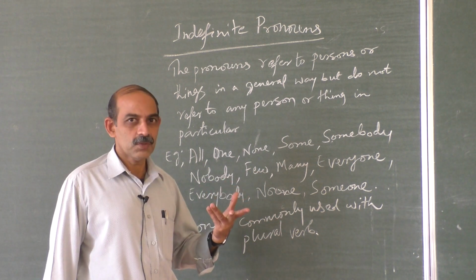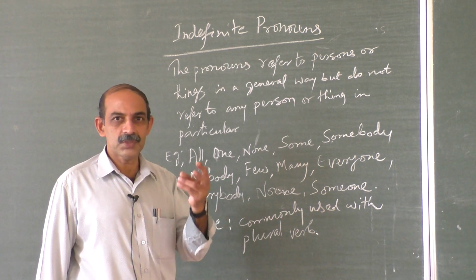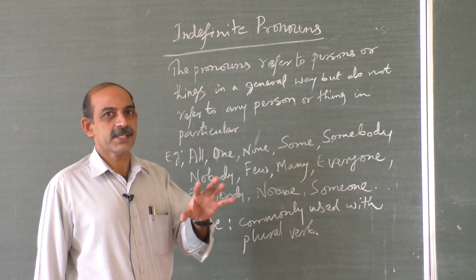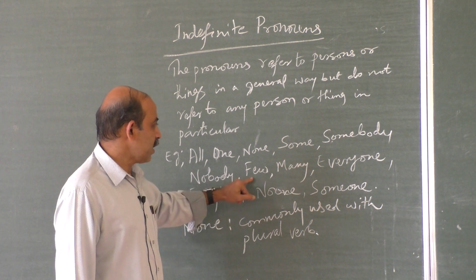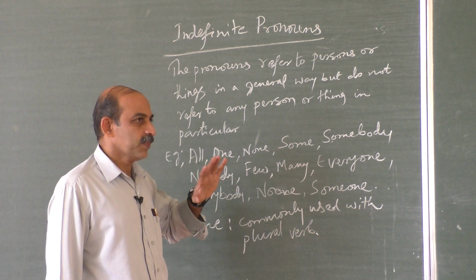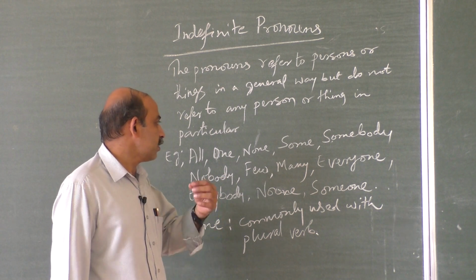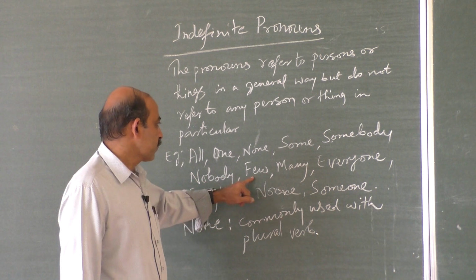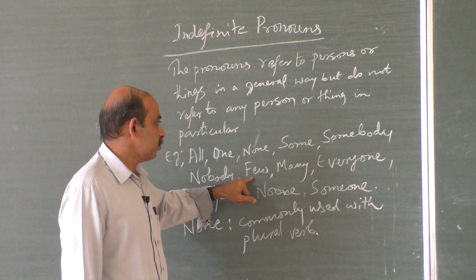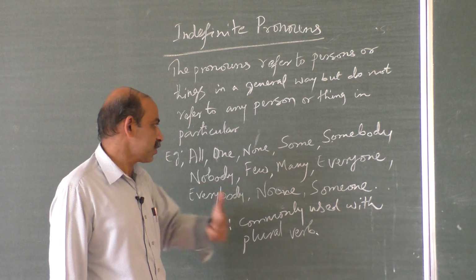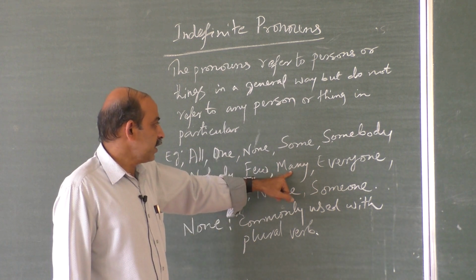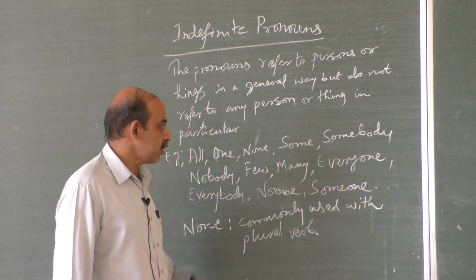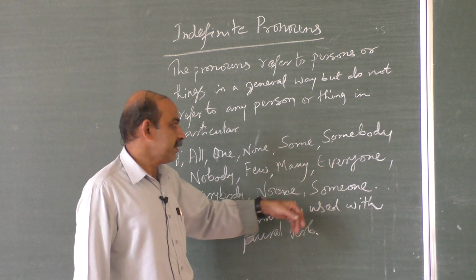Now when I say few, what does it mean? Few, a few, the few: these three expressions, just like little, a little, the little, are available. In the same manner, when I say few have turned up, it means some of the students have come and attended the program. So when you say few, you have to think of the context, what you are speaking of. Then many, naturally plural: many have come, many haven't come, or many have attended, many haven't attended.